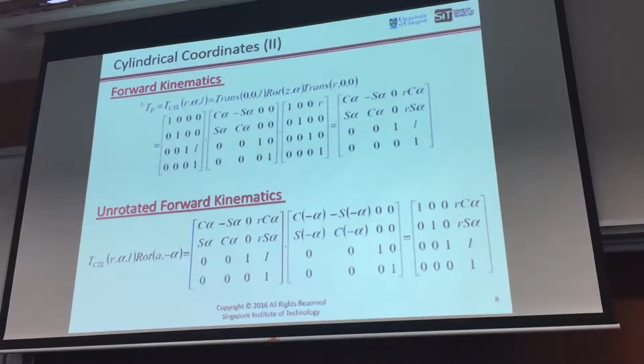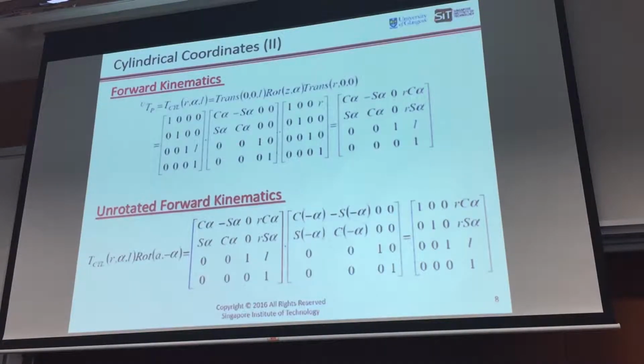Now the second thing you are doing is rotation about z-axis by alpha. Pure rotation, no translation involved. So that is why if you go back and look at your lecture 3 notes, this is similar to your rotation about the z-axis. And because this is pure rotation, origins are coincident, nothing happens, so it's 0, 0, 0.